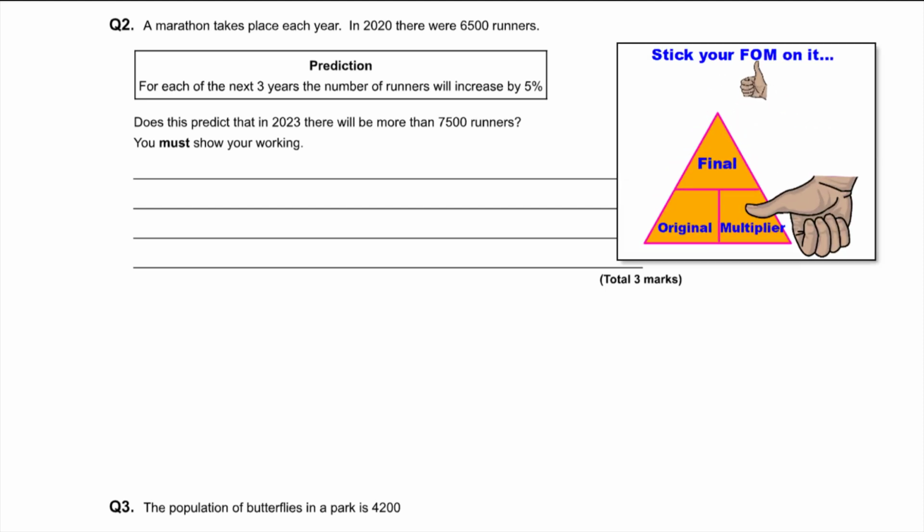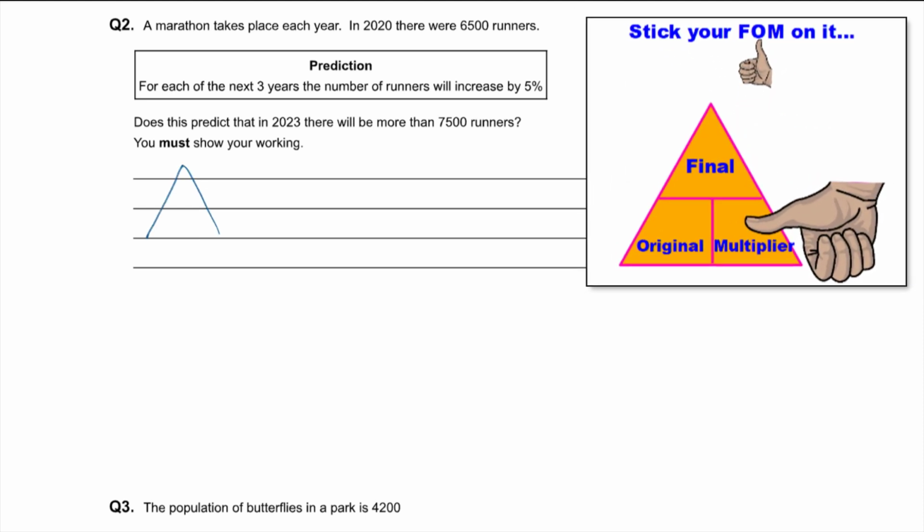Okay, so I'm not going to be using the horrible complicated formula in the formula sheet. I'm just going to use my FOM and I'm going to add a Y on the end for the number of years. So rather than FOM, it's going to be FOMY today. Right, so what's what? Final is the thing we want to find. The prediction in 2023, that's what we're looking for.